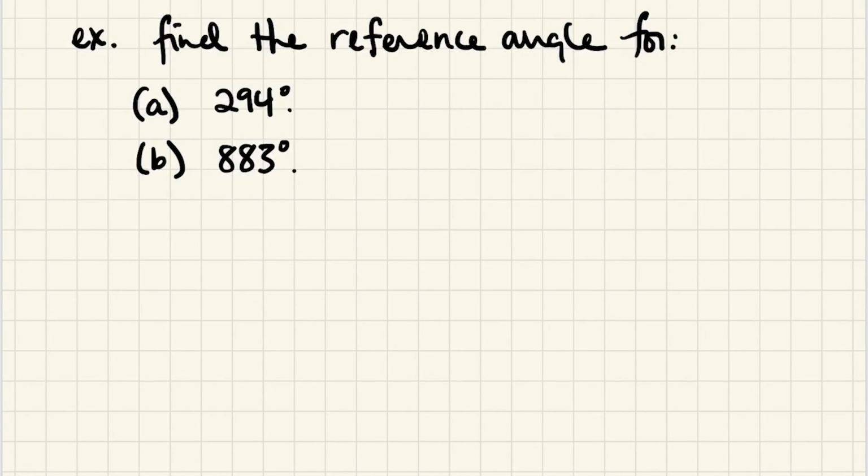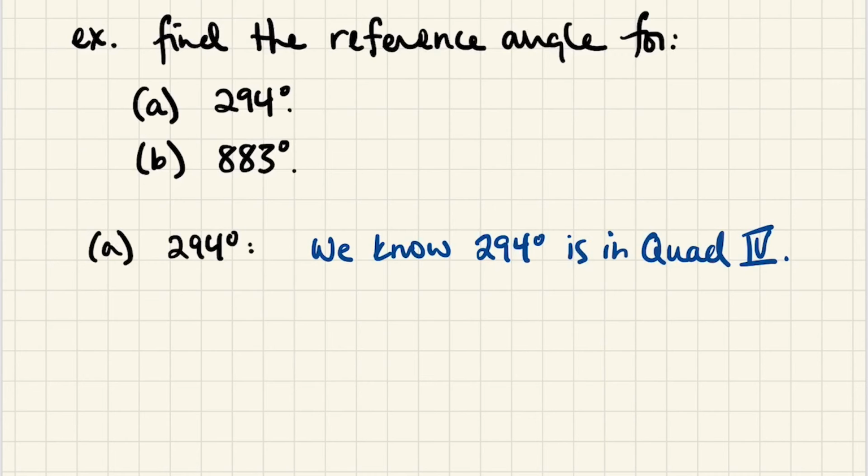All right, well, we've got a couple of angles here that we need to find the reference angle for. So let's start with the 294. Well, 294 degrees, we can see that that's in quadrant 4. So let's just sketch roughly where it might be. We don't have to be very precise, but let's just say it's somewhere there. Where would its reference angle lie?